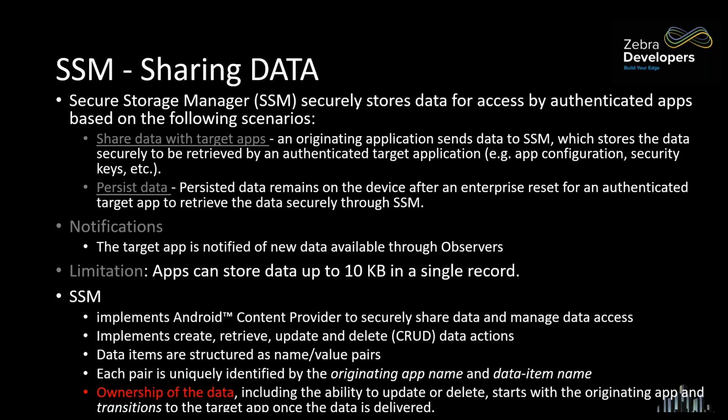We'll see an example of that in the next slide. And one thing is about the ownership of data. The originating app transitions the ownership to the target application, and once the data is delivered to the SSM, the originating app loses control of what was shared.